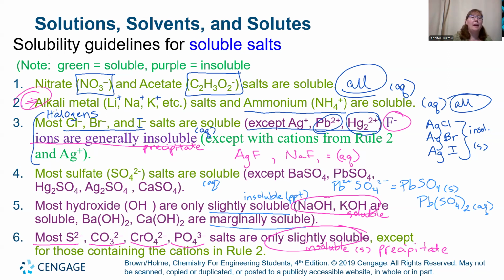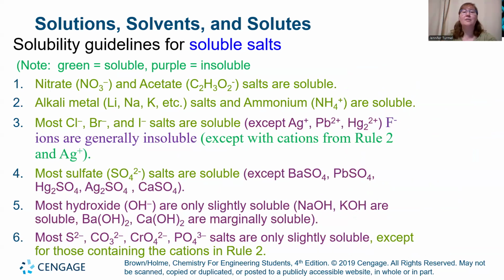So again, we're coming back to rule 2. If you put any alkali metals with these, then they're going to be soluble. I can't change it, but just remember that it's there.